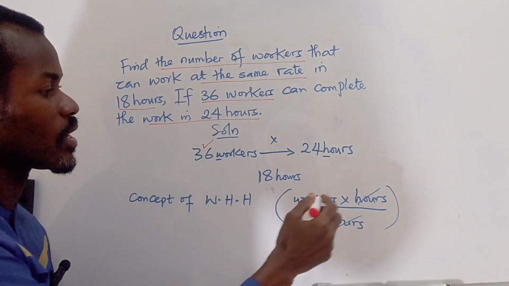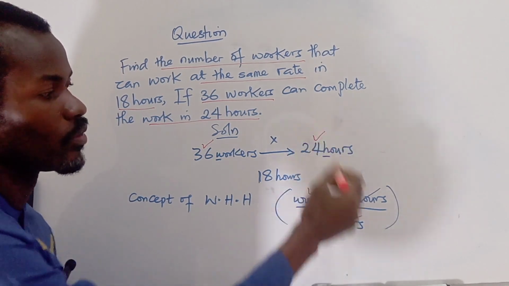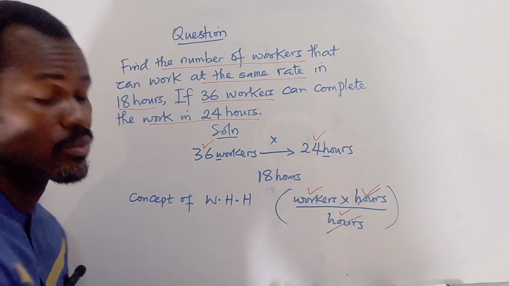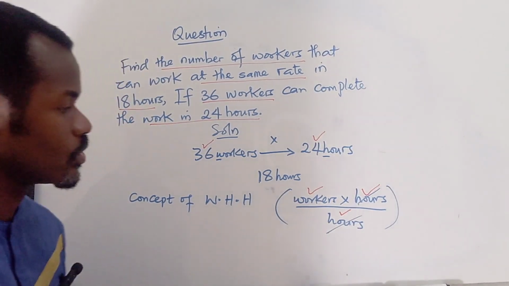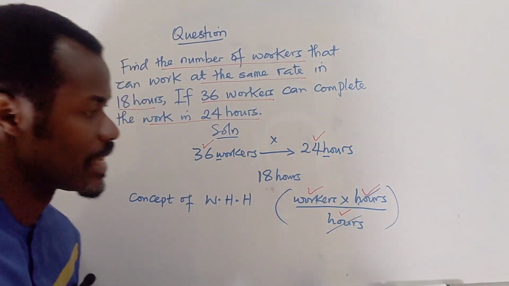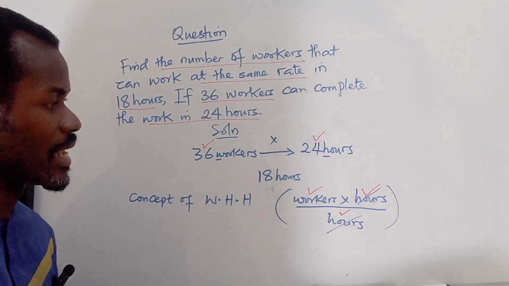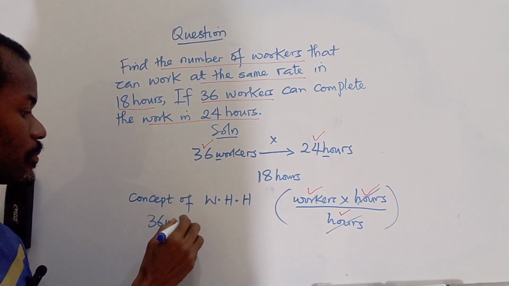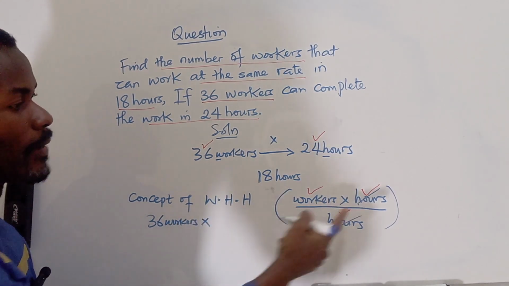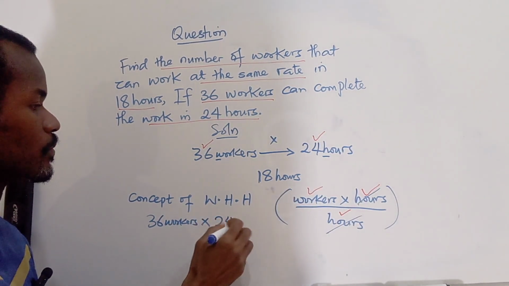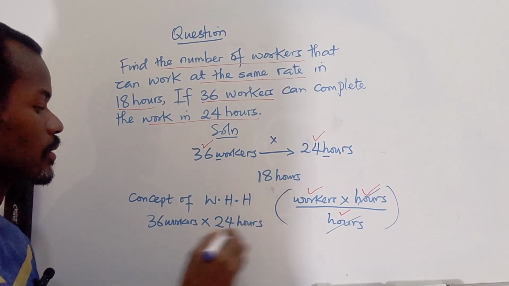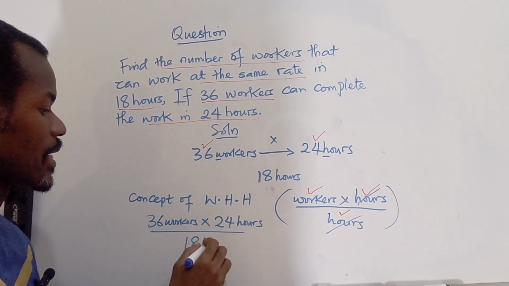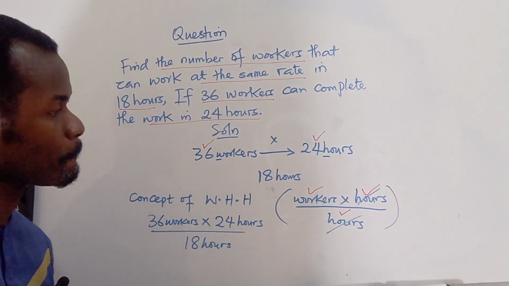So let's substitute into this and see what we're going to get. We have 36 workers here, 24 hours here, and 18 hours down as the denominator. So we have 36 workers, multiplied by 24 hours, divided by 18 hours below.